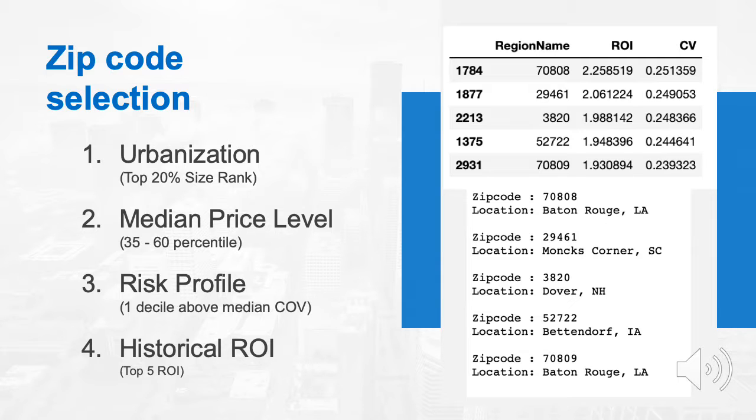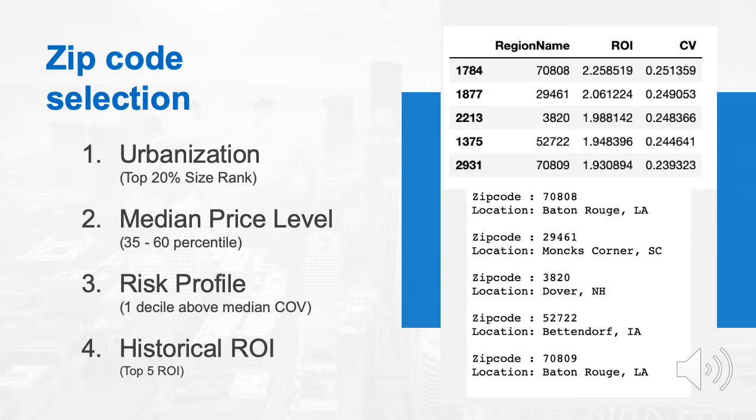So everything with 1 decile above the median and below is included in the universe of zip codes to take into account. And then from that universe, the top 5 zip codes with the highest return on investment to date were put into consideration for the time series analysis.